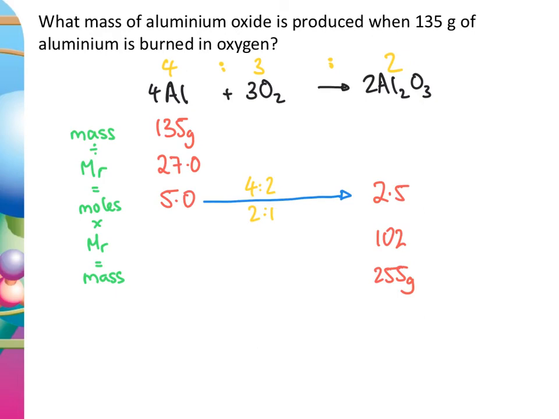So those big numbers in front, those ratio numbers, the 4s, the 3s, the 2s, they do not matter when it comes to mR, because we take account of those 4s and the 3s and the 2s in this equation when we look at the ratios, when we go from the moles of one to the moles of another. So my 4 to 2 took into account that 4 in front of aluminium and the 2 in front of aluminium oxide. The mR is simply the formula.